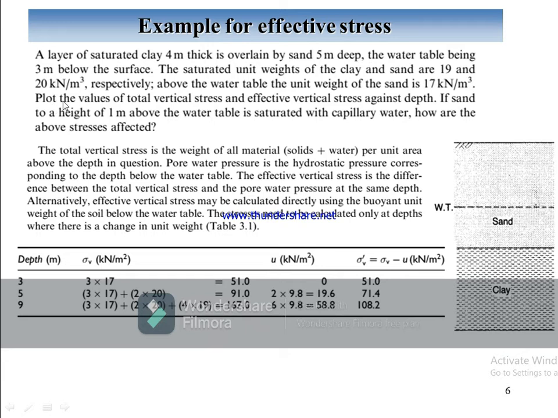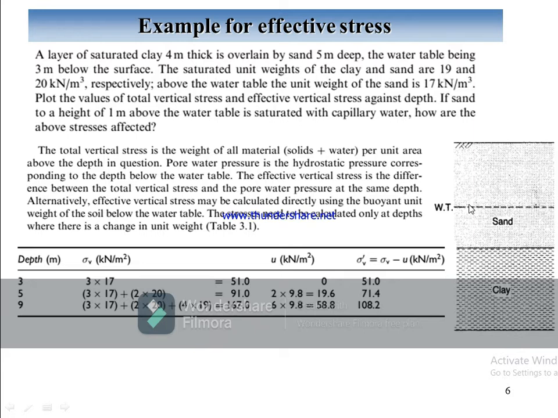So here the requirement is the value of total vertical stress and effective vertical stress against depth, where the sand 1 meter above the water table is saturated with capillary water. So we are concerned only with these things: effective stress and total vertical stress against the depth.